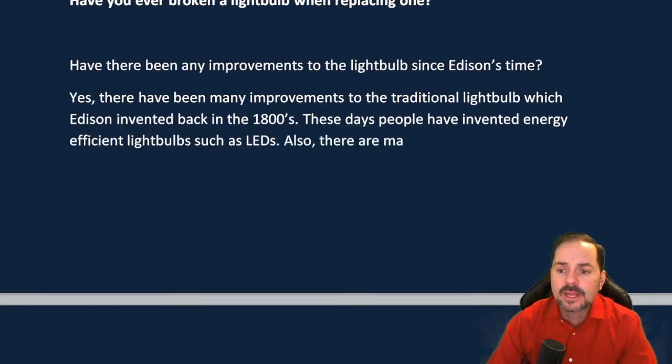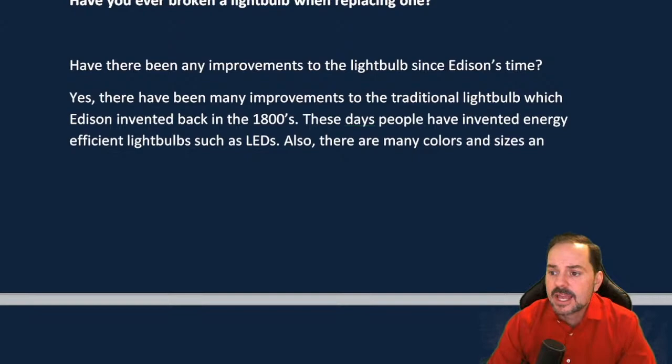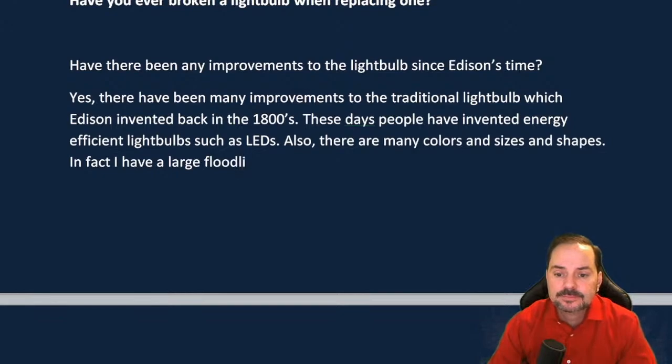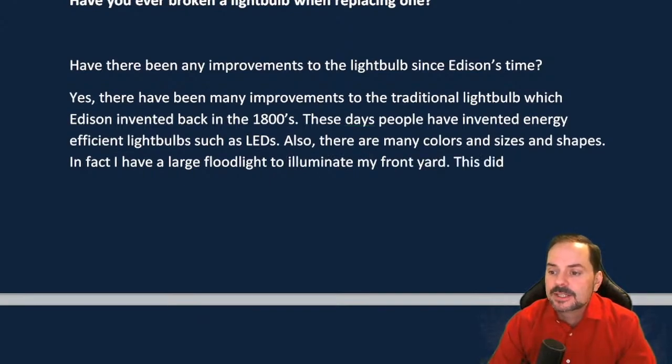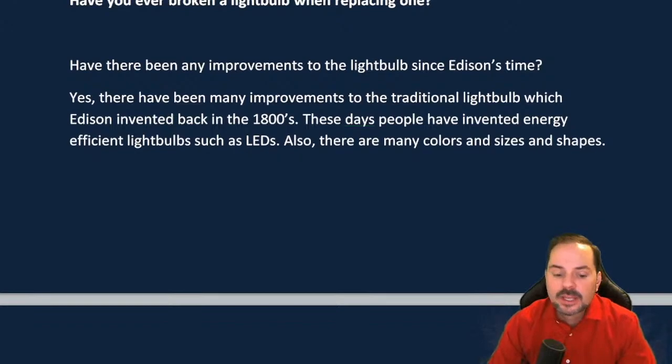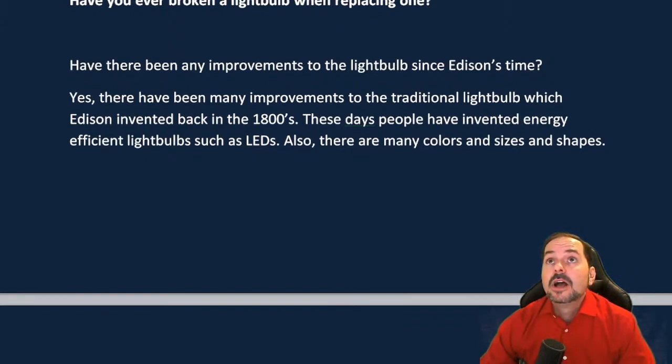Also, there are many colors and sizes and shapes. In fact, I have a large floodlight to illuminate my front yard. This did not exist during Edison's time. All right, so here is my answer to this question.